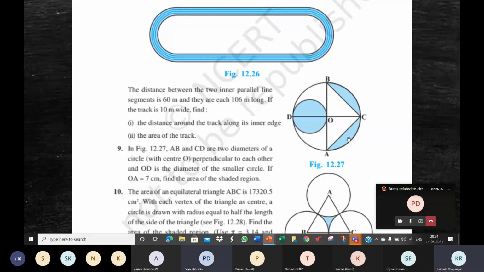Ma'am, for this side, area of semicircle minus the area of two triangles. Okay, now I'm telling for the left side, ma'am. Ma'am, for the right side, area of semicircle minus area of the two triangles, ma'am.